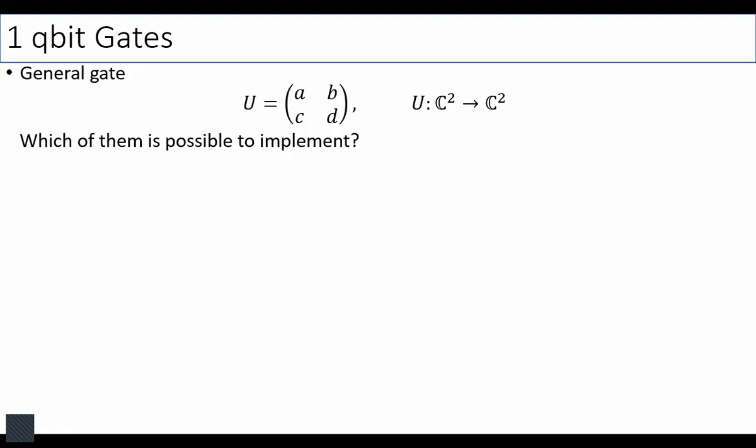Basically, all the computers present now create a certain set of basic elements which allows you to create anything. When I develop algorithms, and my goal in this course is developing algorithms, it doesn't matter for me, because I would operate assuming that I can do any 1 qubit gate and any 2 qubit gate.